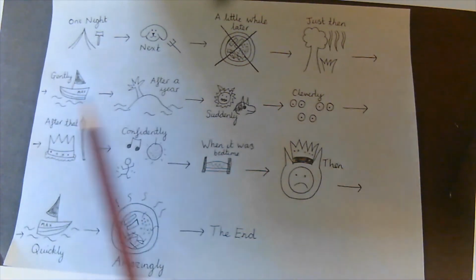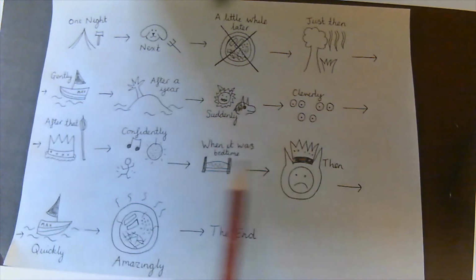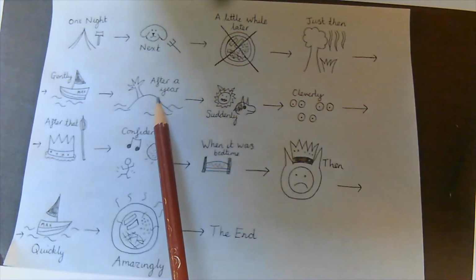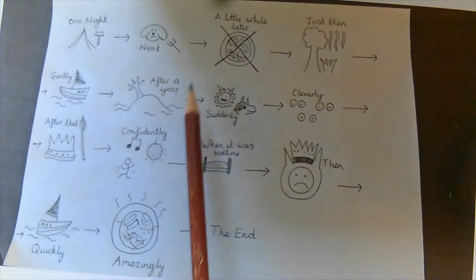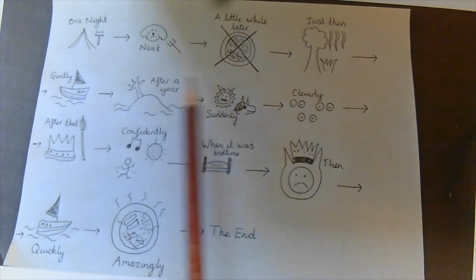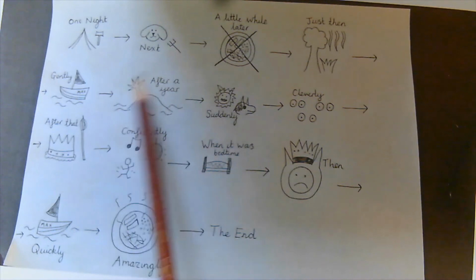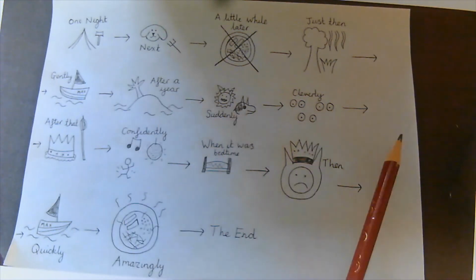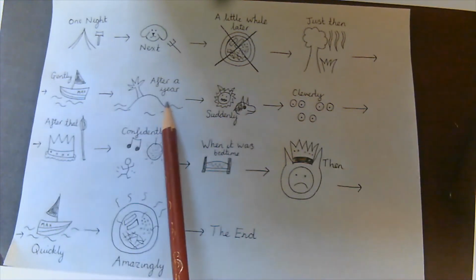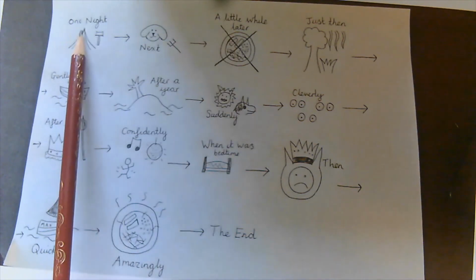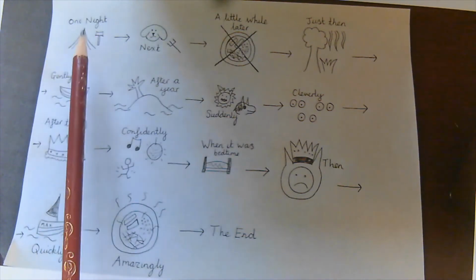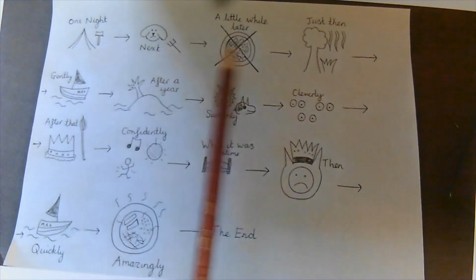So I want you to carry on doing this with your story map. So every picture, think about either some adjectives or a conjunction that can extend that sentence. And every time you add one, make sure you go back to the beginning and say your story out loud so you don't forget it.